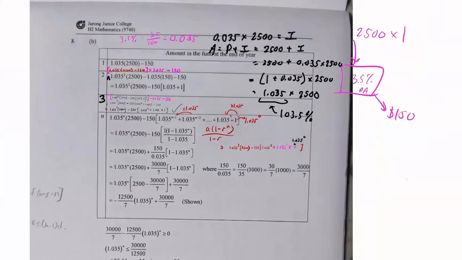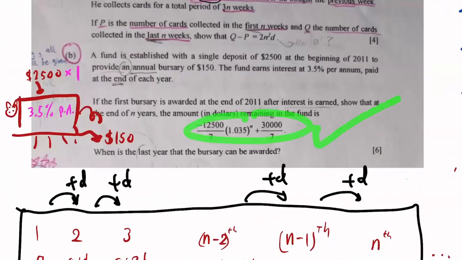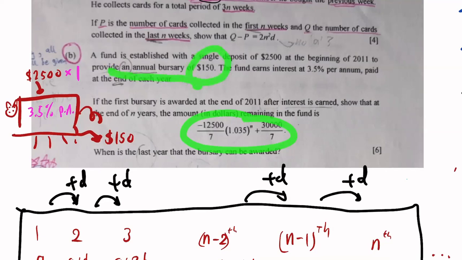Okay, question 8 done. Then after that, what else did they ask you? They tell you that we got this expression shown already. When is the last year that the bursary can be awarded? You will only be able to award if the amount of money remaining is how much? What's the bursary amount? Annual bursary of 150.